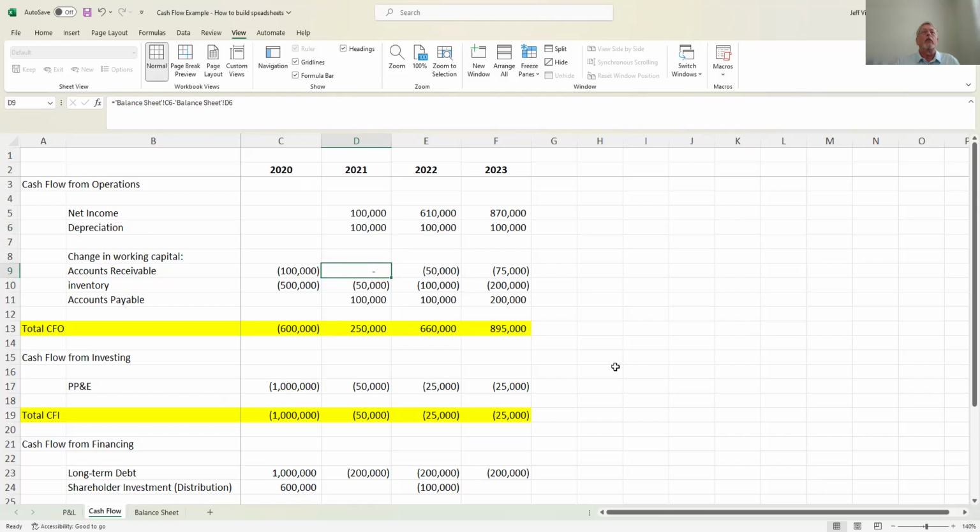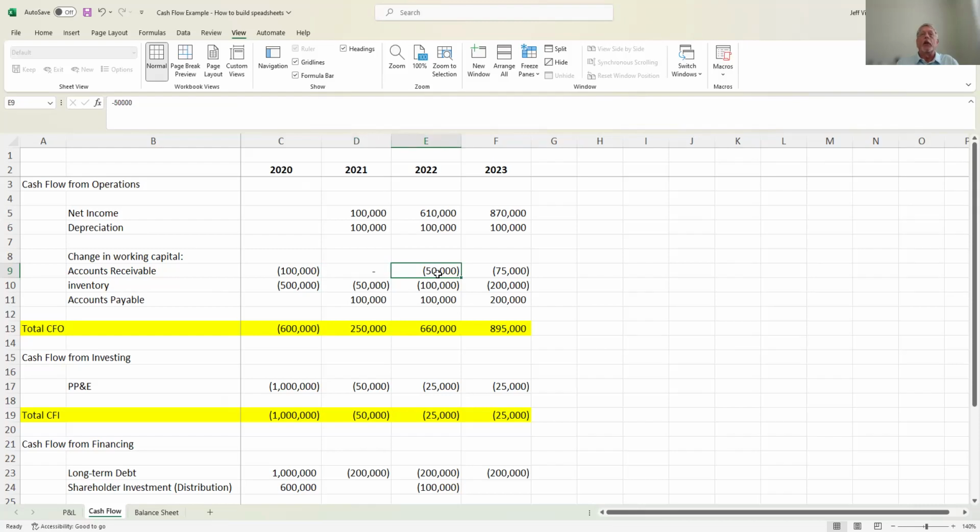Going down here, we see that our receivable level started out at 100,000 and didn't change in 2021. It's still 100,000. So you've not used any cash, nor have you created any cash. Think of it this way: if your accounts receivable went from 100 to 150, you've actually used $50,000 in cash, and that's what we have in 2022.